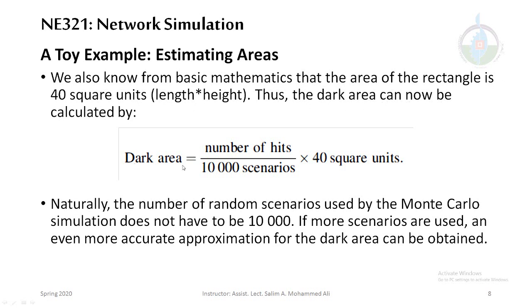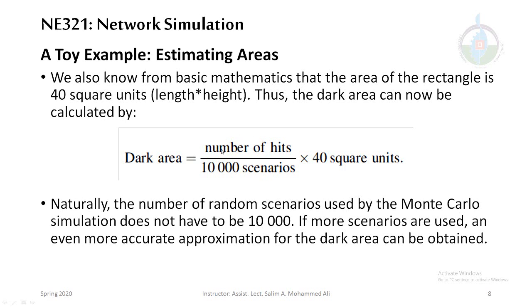The dark area will be equal to the number of hits relative to the total samples taken. By this I mean the number of dark hits divided by the total number of scenarios, or samples, multiplied by the total area.